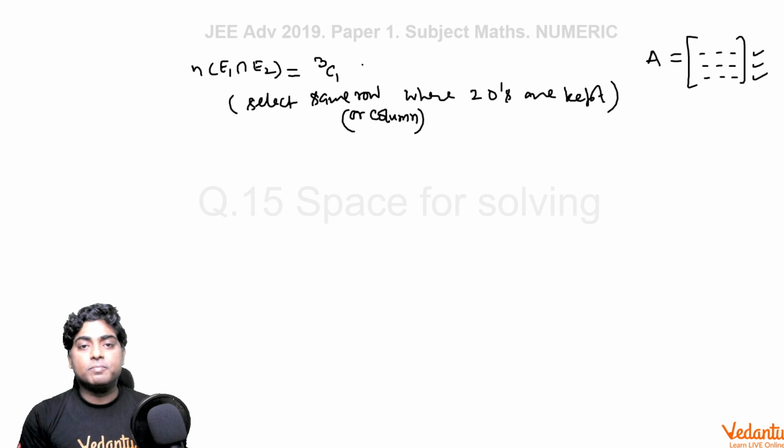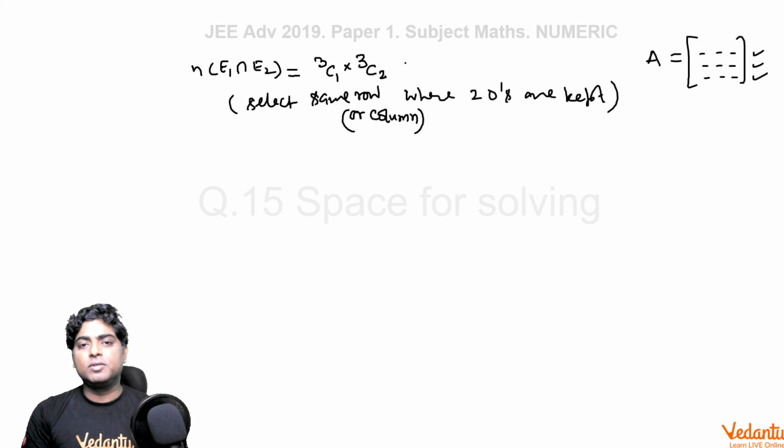select one particular row, and in any row there are three places and two zeros are to be placed there. So we need to find in that selected row two places out of the three places in that row, where we will place the two zeros.